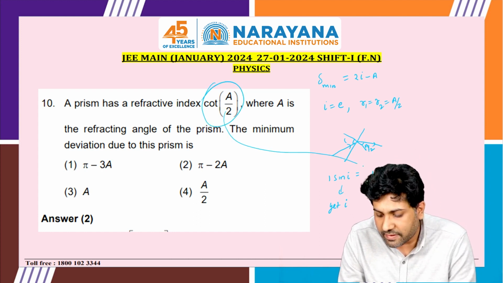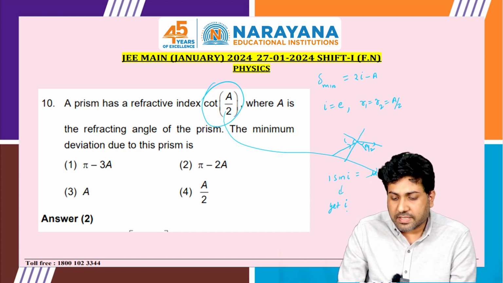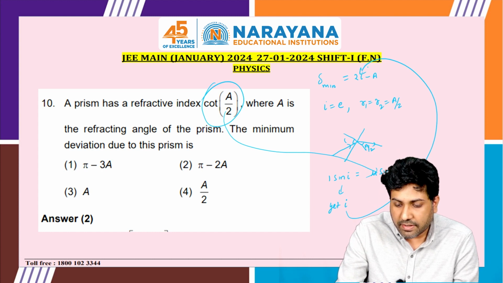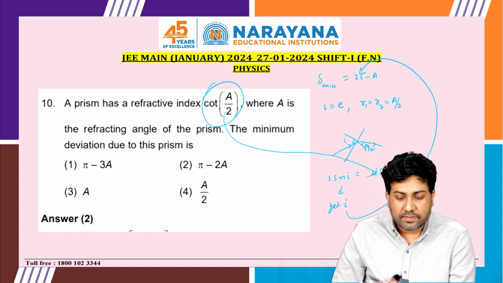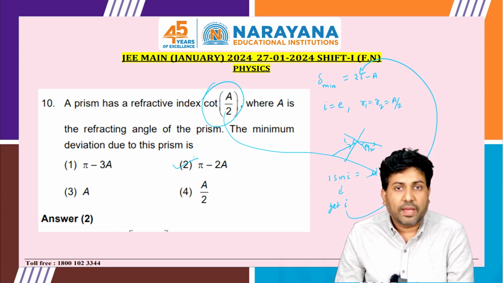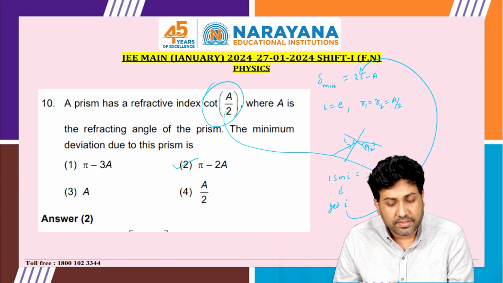So I put mu here and get the value of i, and put this i in the equation of delta min, that is 2i minus A, and finally we will get pi minus 2A. That will be your answer. You can just put it in and you will get the answer.